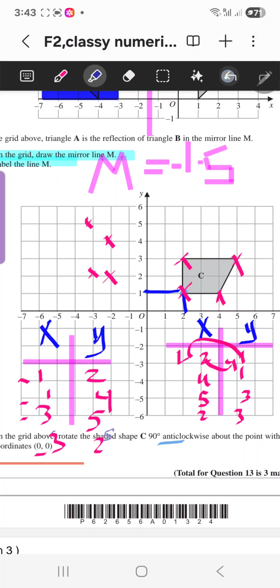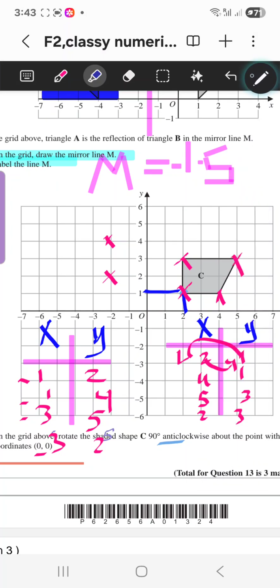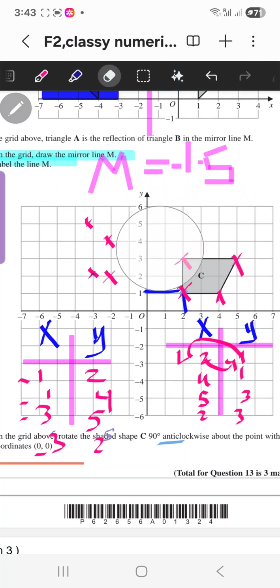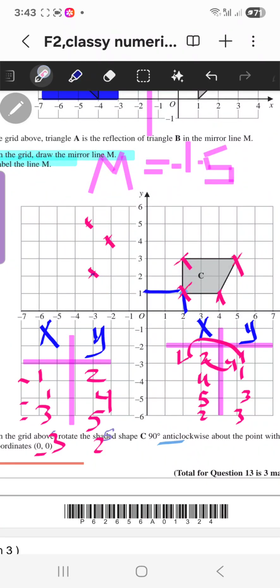Negative 1 and 2, negative 1 and 4, yes, negative 3 and 5, and negative 3 and 2. Then we're going to join them all.